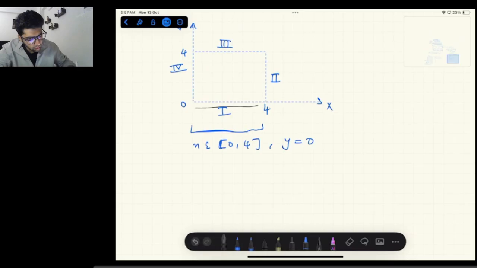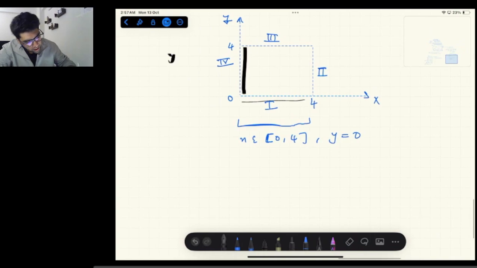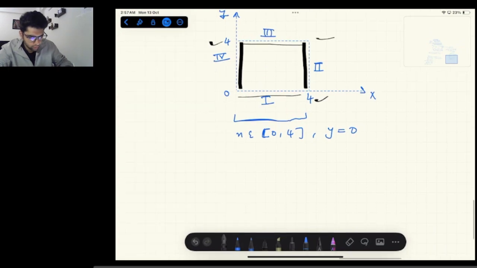Similarly, on the fourth edge, I have all those points where y lies between 0 and 4 included, and x is equal to 0. On all points on the second edge, I have y lying between 0 and 4 and x equal to 4. On all points lying on the third edge, I have x lying between 0 and 4 but y being equal to 4. So you can see here, right? Now let me just use my eraser.